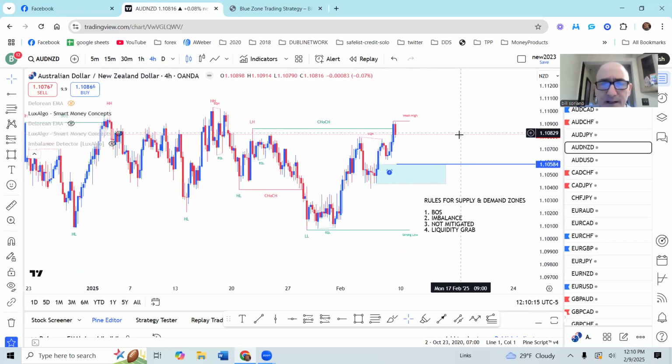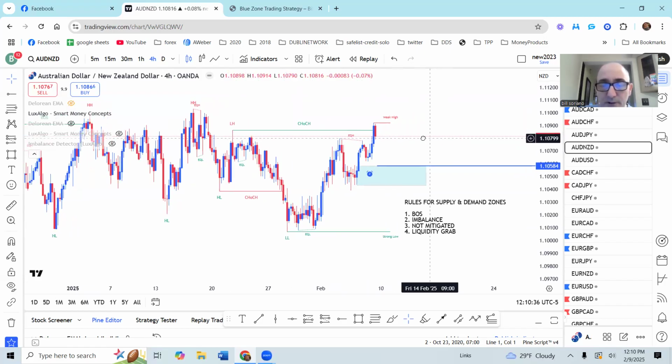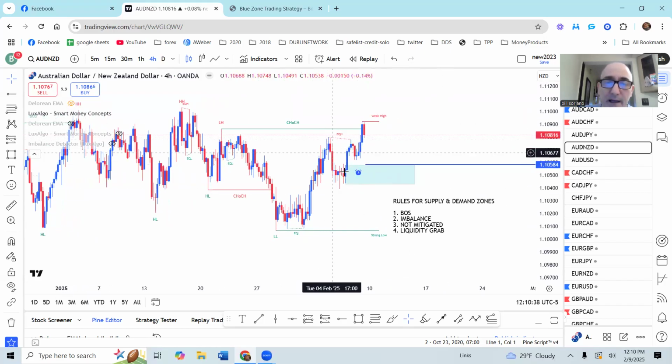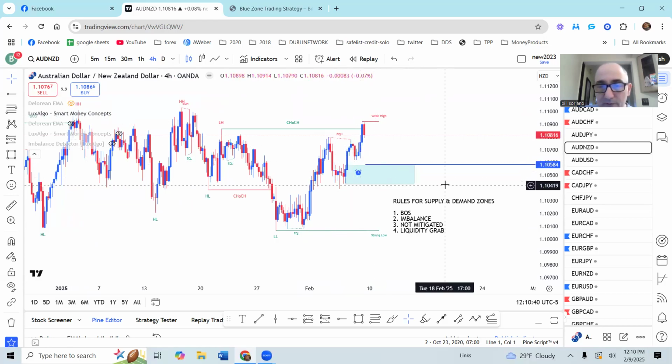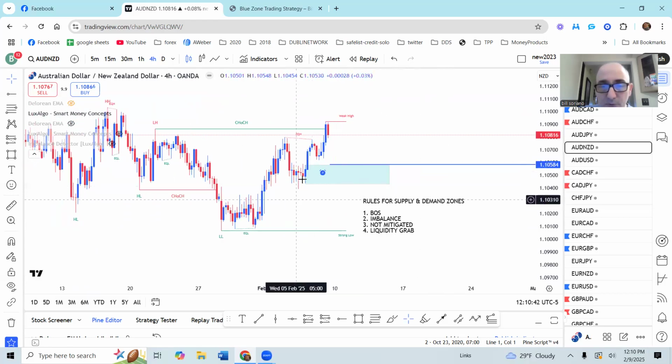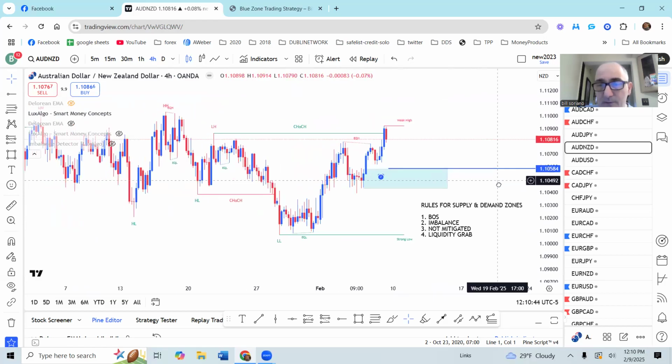So with the bullish bias from this move here to this move here, causing this change of character from this high right here, price moves down, makes this new low, and that gives us this high right here. So we get this change of character here, or break of structure, whatever you want to call it. And then we have this area right here. So we're looking for a demand zone to buy from.